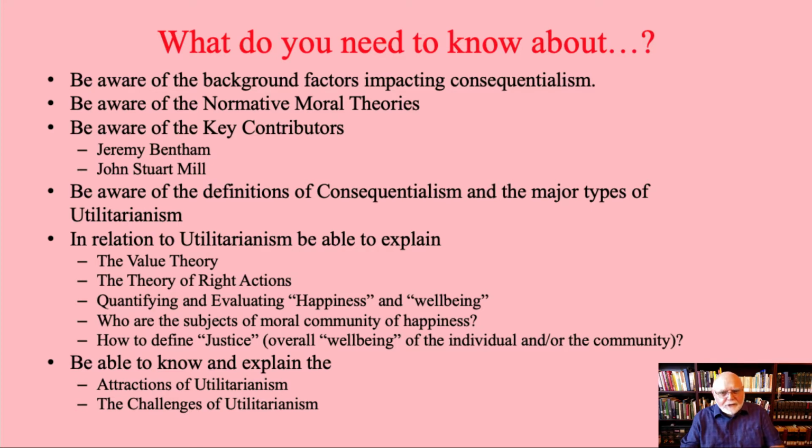Be aware of the definitions of consequentialism and the major types of utilitarianism. And in relation to utilitarianism, be able to explain value theory, the theory of right actions, quantifying and evaluating happiness and well-being, who are the subjects, the unity of happiness, how to define justice, and be able to explain the attractions of utilitarianism and the challenges of utilitarianism.